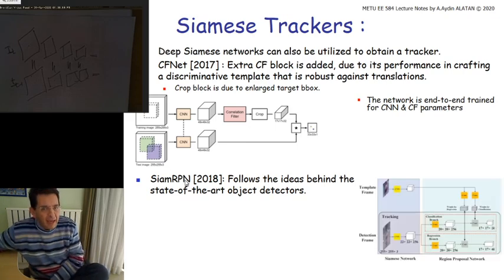And SiamRPN is another technique which is following the same ideas behind the state of the art object detectors. It does the same thing, just like the modulation here. We have some weights, and those weights are multiplied and convolved here so that we find this reference to be detected using a correlation-based concept here.